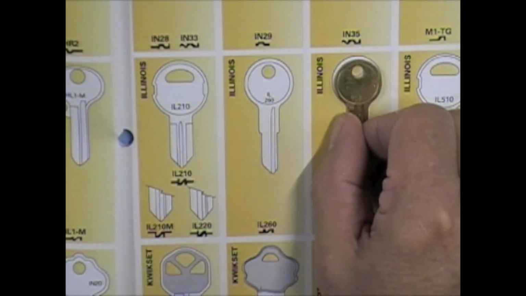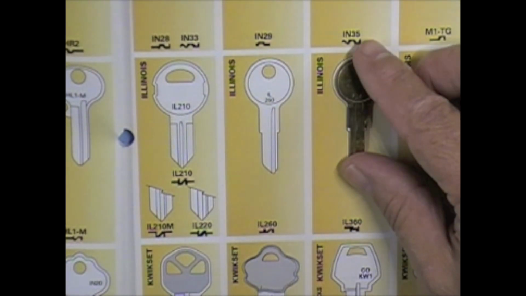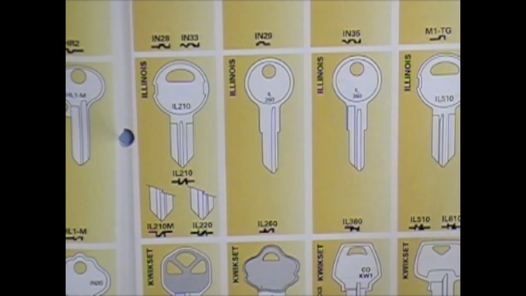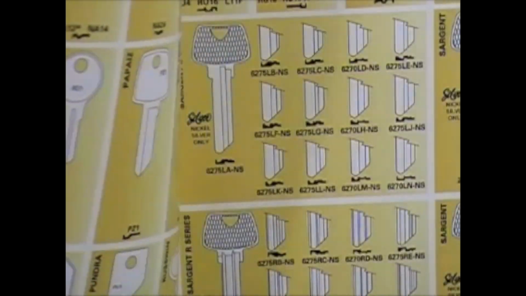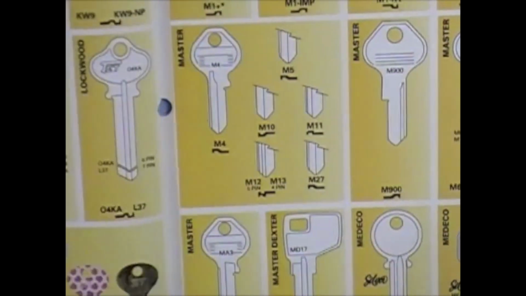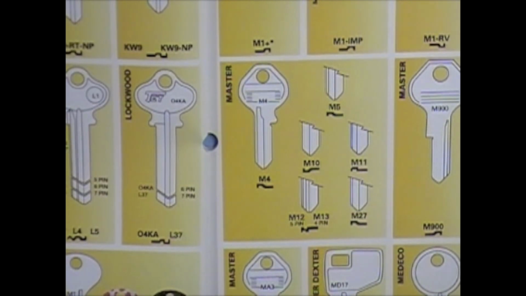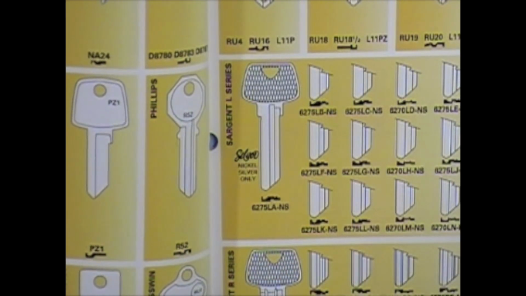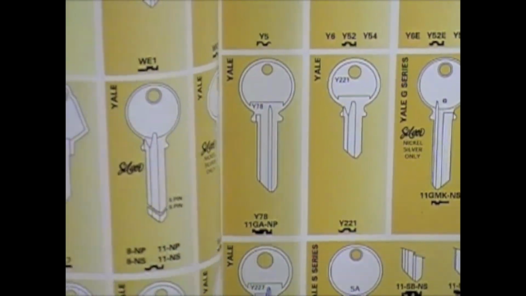Now here's another one. Again, it matches pretty close on the length, but that's not going to be the right milling on the key. So we'll continue through and see if we can find some other keys that might work for that.